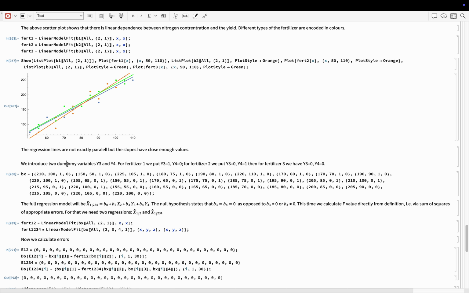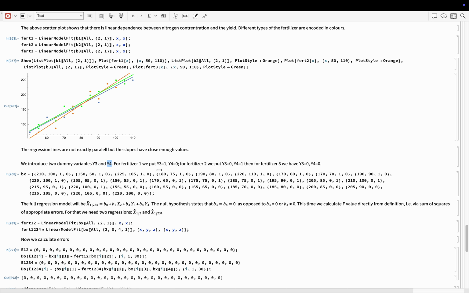If our variable has say, R values, then we need R minus 1 dummy variables, which means in this particular situation we need two dummy variables, which I denote y3 and y4.